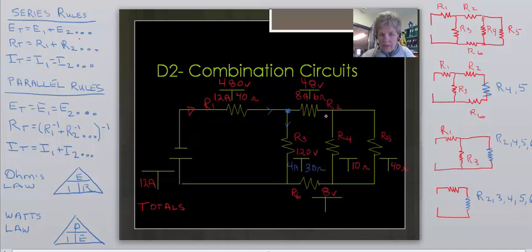I look around and I decide that I have to use a reduction to help me in my next step. And the way I do that is I can take and create a new T. So R4 and 5, now those two branches are in parallel, so if I look over here, I can see that I can find the total for R4,5 if I take R4 to the negative 1 plus R5 to the negative 1, put those in brackets, and take the negative 1 value of that.